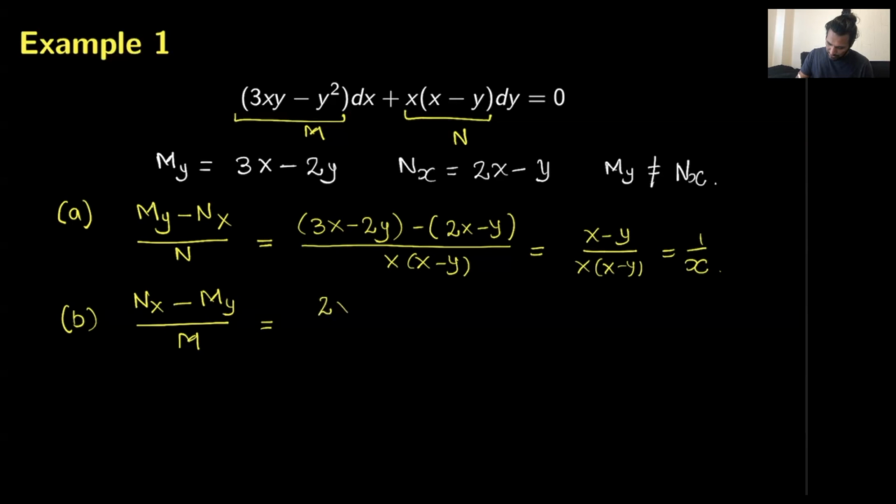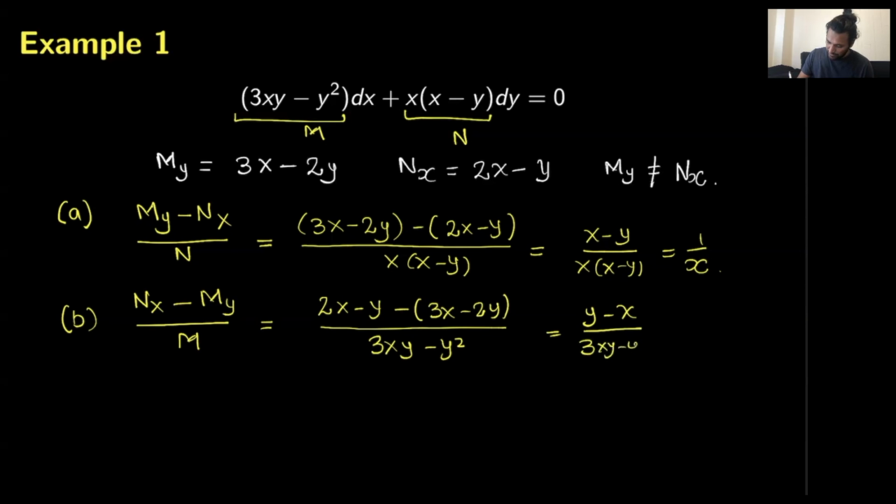So clearly it's going to be 2x minus y minus 3x minus 2y, divided by M, which is 3xy minus y squared, and therefore this is equal to y minus x, the whole thing divided by 3xy minus y squared.